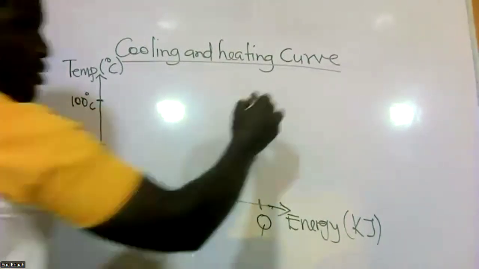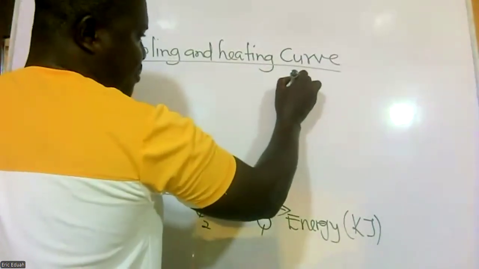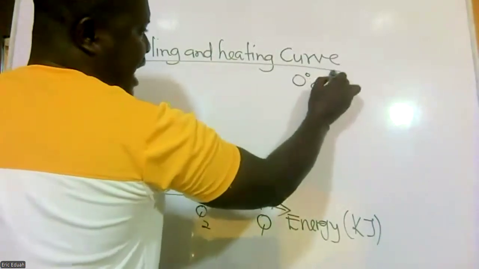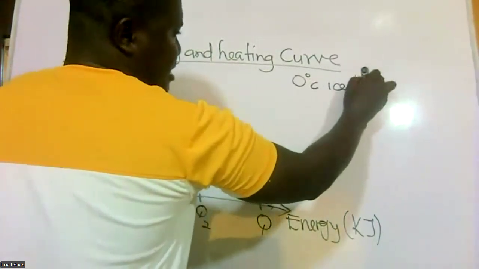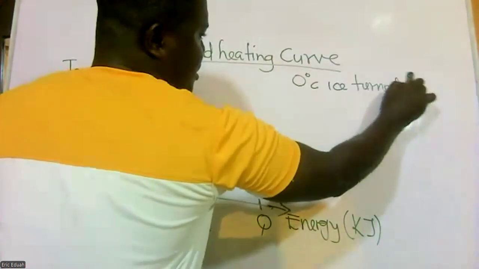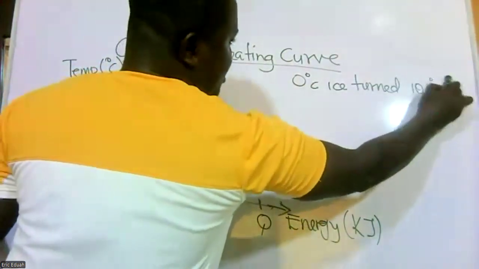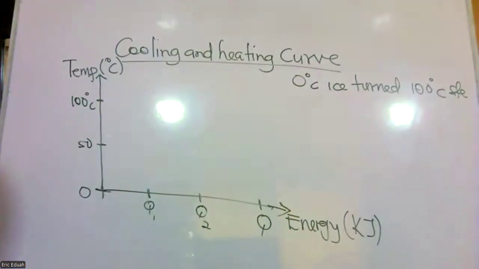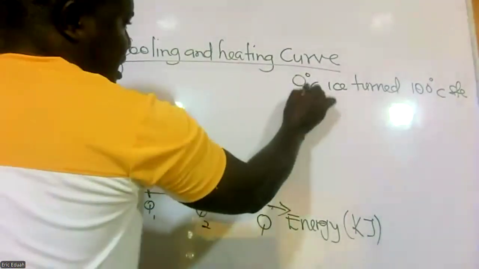Let's use what we solved as an example. Okay, so 0 degrees Celsius ice turned to 100 degrees Celsius steam. All right, so what is the first energy involved?